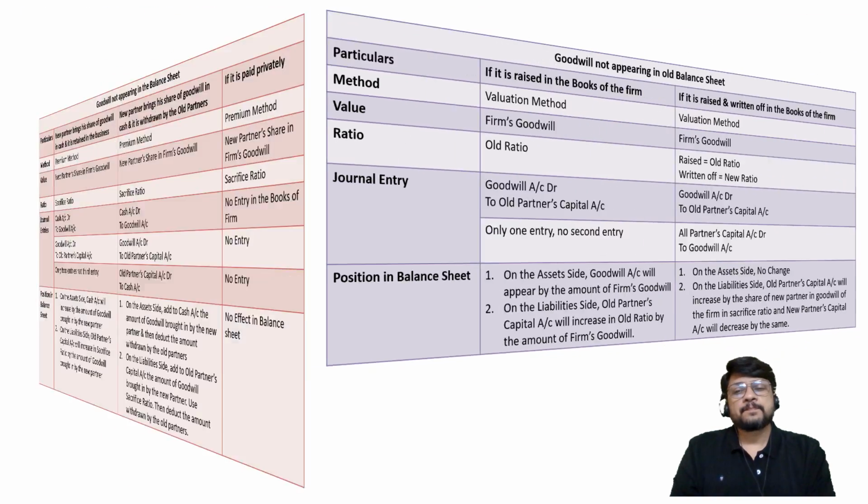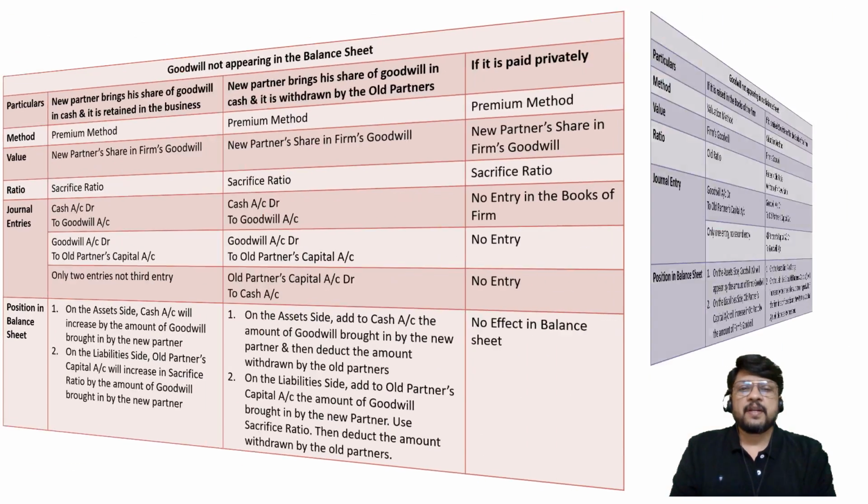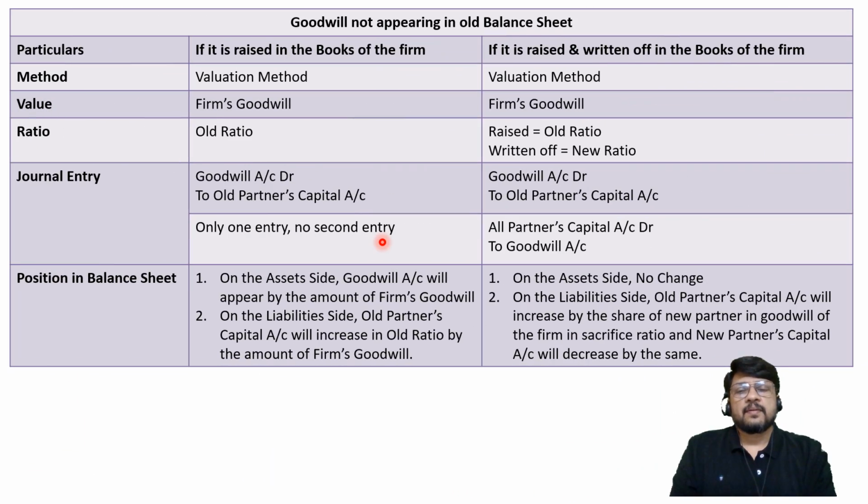Ratio will be, when it is premium method, ratio is always sacrifice ratio. When it is valuation method, ratio is not sacrifice ratio, but ratio is old ratio. If it is raised in the books of the firm, then only one ratio, old ratio. If it is raised and written off, that means there are two transactions.